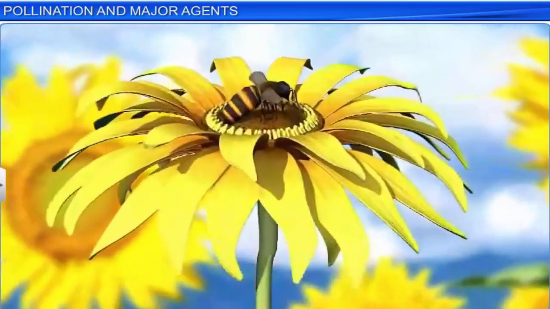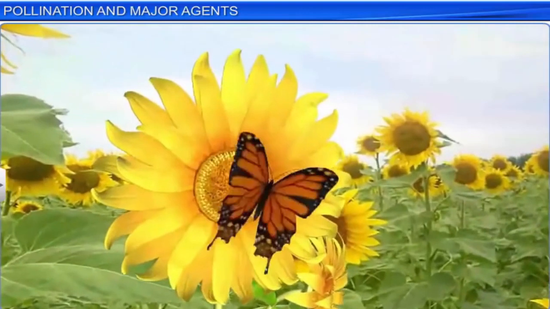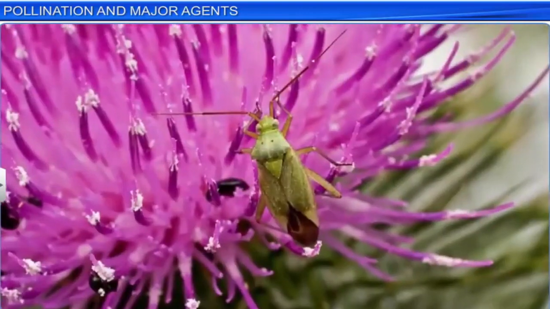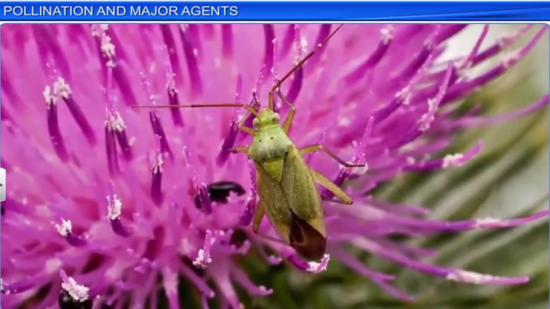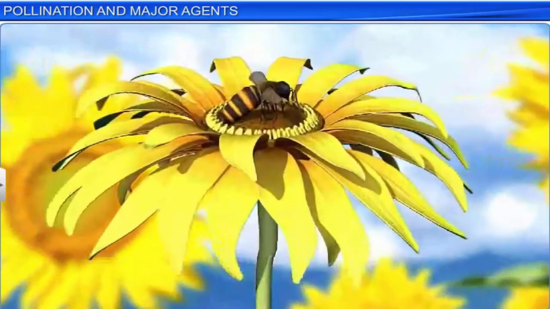Incidentally, pollination in a majority of plants is aided by biotic pollinating agents, which get attracted by flowers which vary from each other to attract their specific pollinator. Insect-pollinated flowers, for instance, are usually large and fragrant.